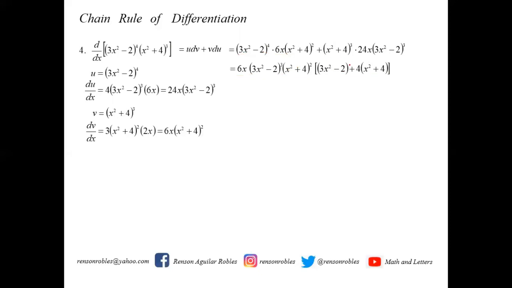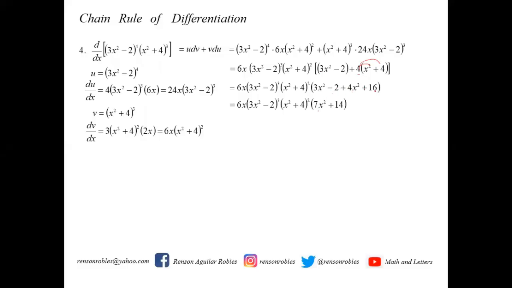And then simplifying, you just copy 6x times 3x squared minus 2 to the 3rd power times x squared plus 4 to the 2nd power. And then this will now become 3x squared minus 2 plus 4x squared plus 16. And then we simplify further. Okay, so 3x squared plus 4x squared is 7x squared.